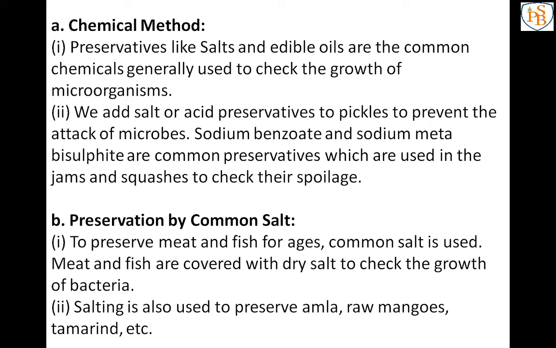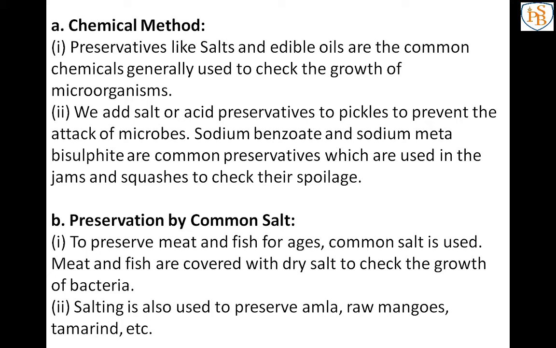After 2 to 3 days you will see that the bread is attacked by fungus, meaning fungus is growing there. If you want to preserve that food, you have to use these chemical methods.